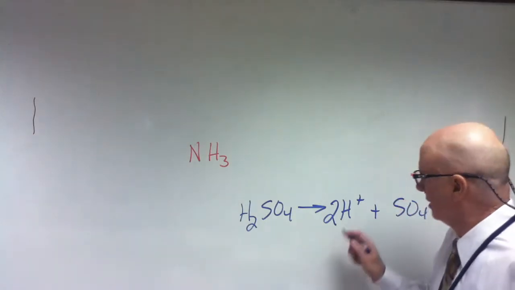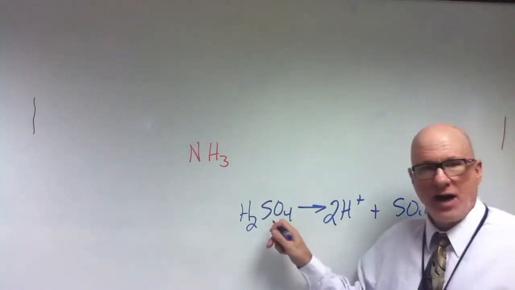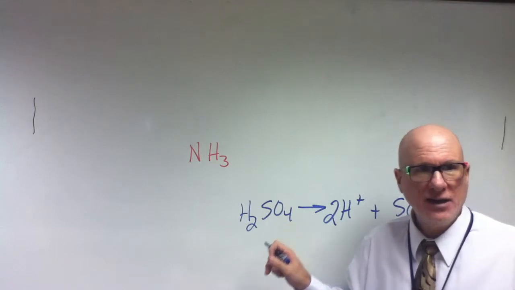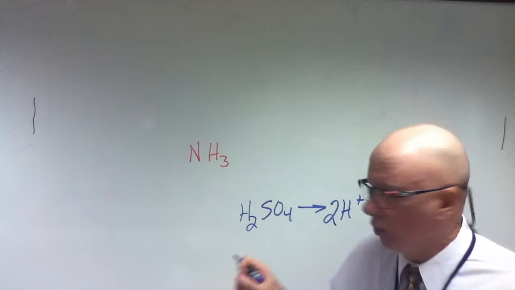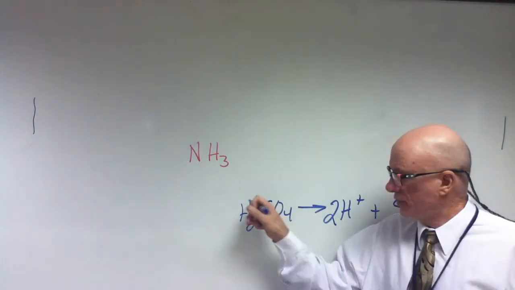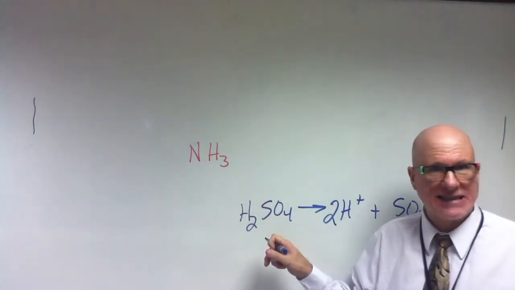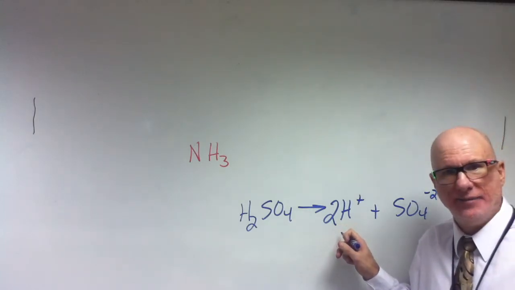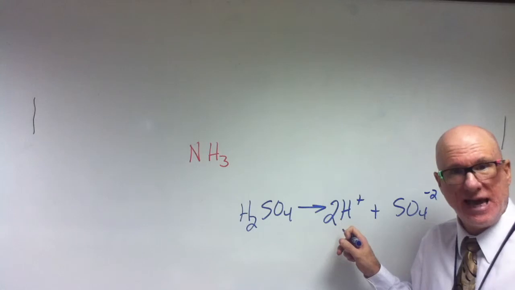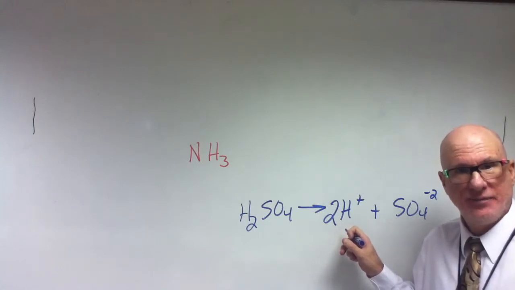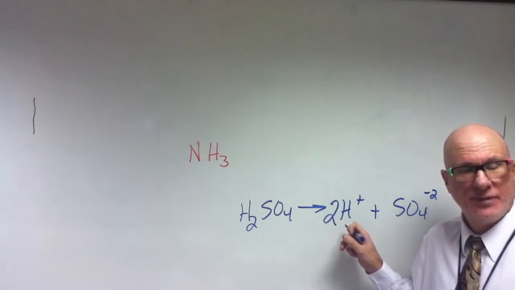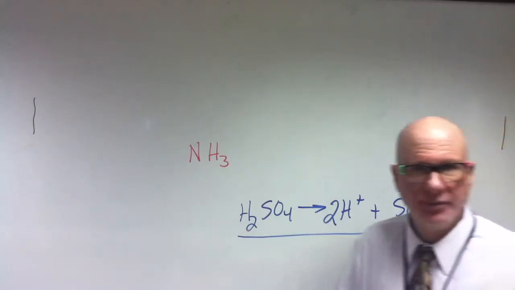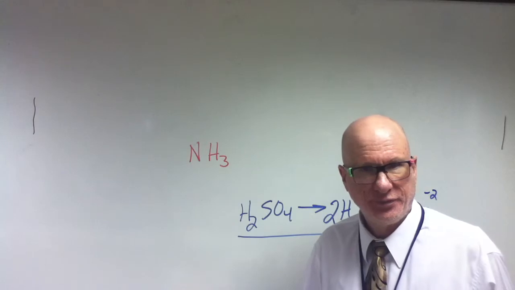So if I dissociate 1 mole of sulfuric acid, as written here, how many moles of acid ion will I get? 2 moles. You see that? That's an important concept. So this is dissociated.